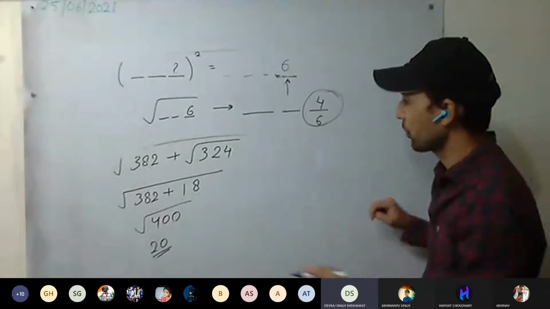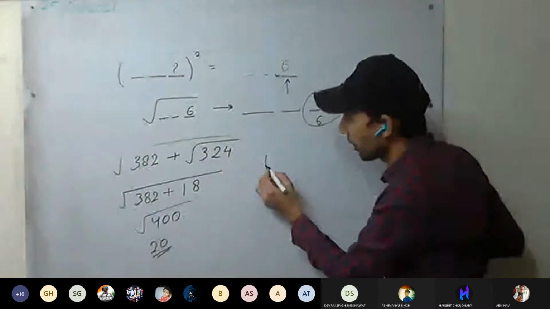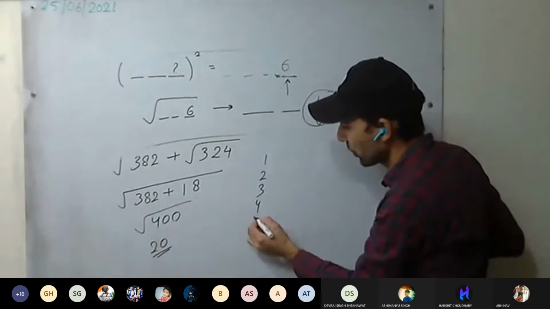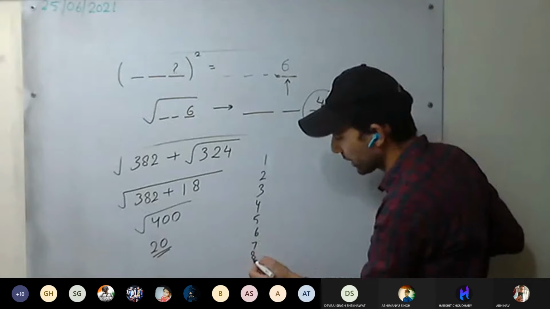How are we getting this digit? For example, the unit digit in a number can be 1, 2, 3, 4, 5, 6, 7, 8, 9.